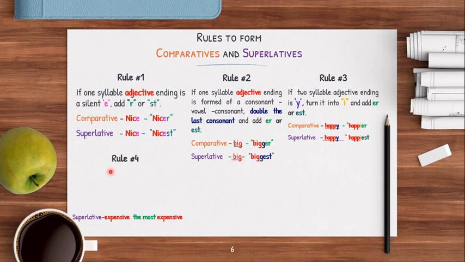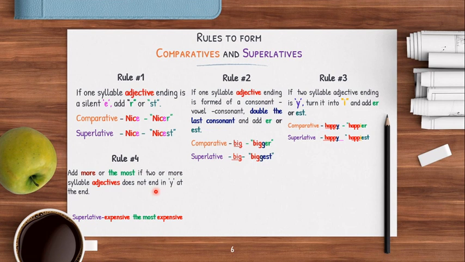So let's continue. Rule number 4. Add more or the most if a two or more syllable adjective does not end in y. So what are we going to do?